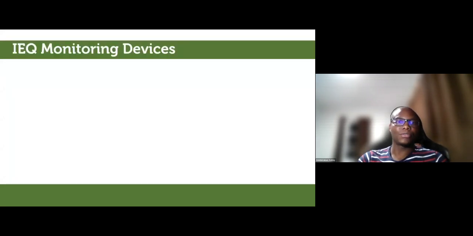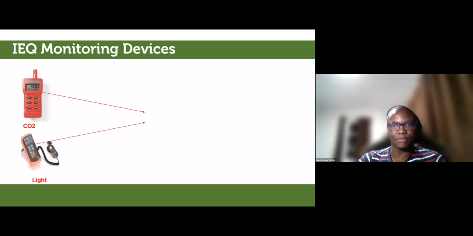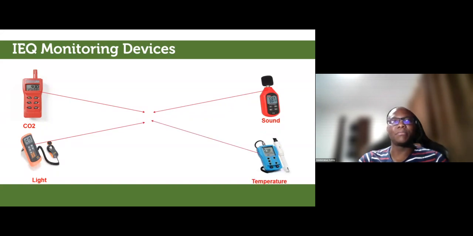Besides these tools, data loggers could be installed in buildings during construction to gather long-term environmental data after the building has been built. In the past, we usually have devices that measure CO2, sound, temperature and light.